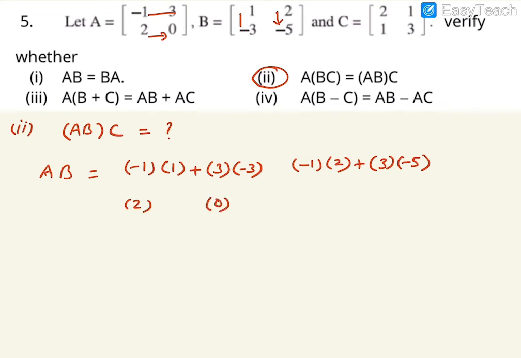So 2 into 0, 2 into 0, 1 plus minus 3 and 2 plus minus 5.